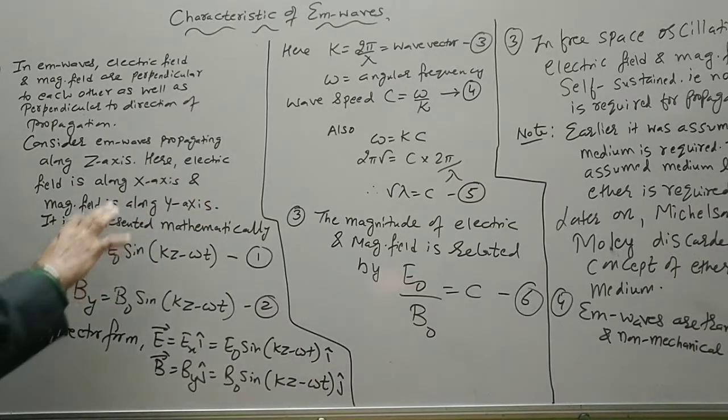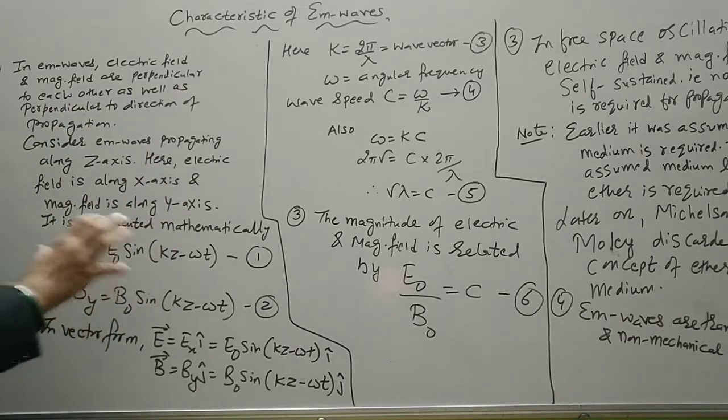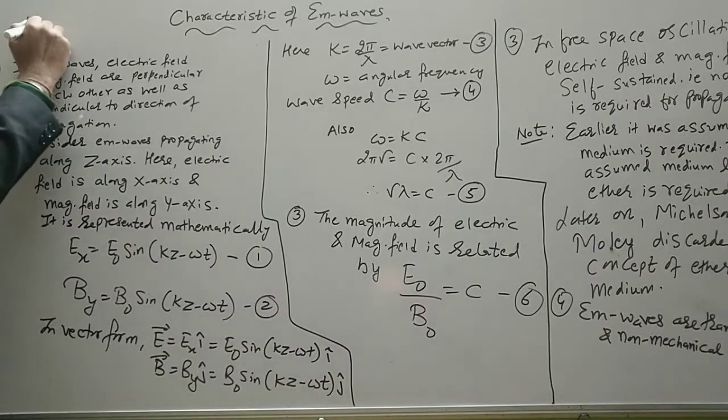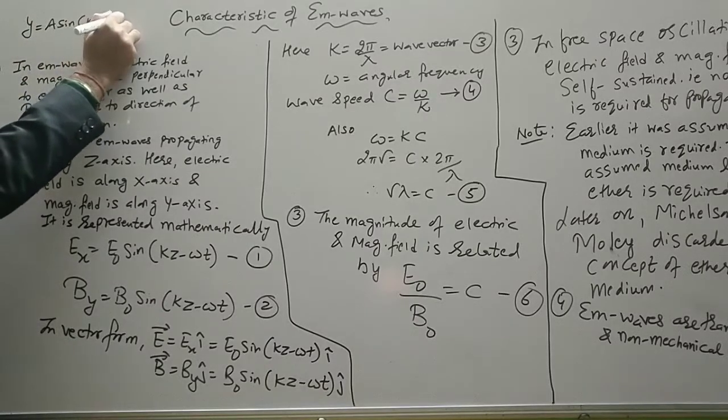Now this is mathematically represented by a wave. We know the general wave equation from 11th: y = a sin(kx - ωt), that a travelling wave was represented by the general formula y = a sin(kx - ωt).